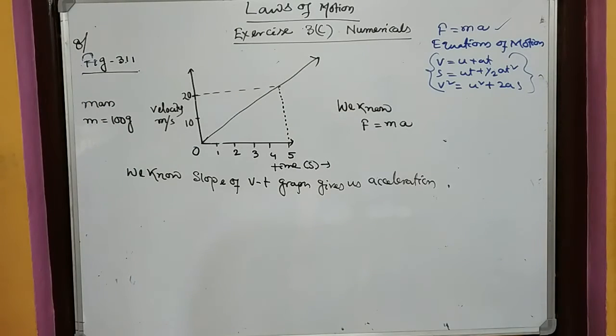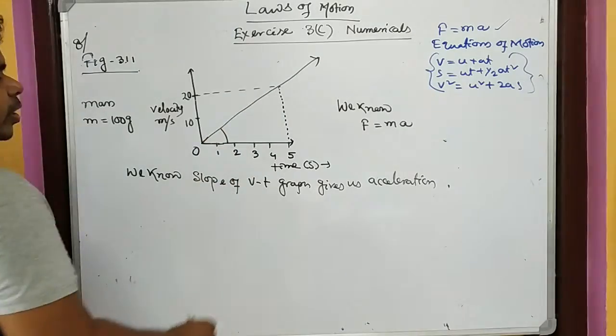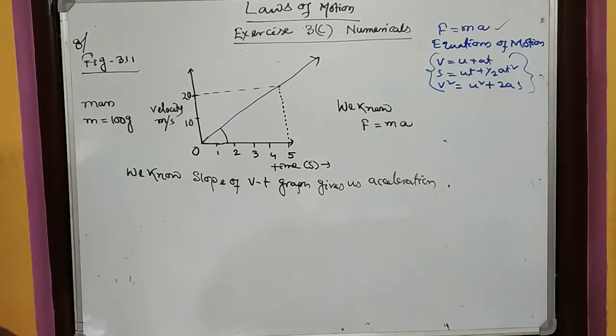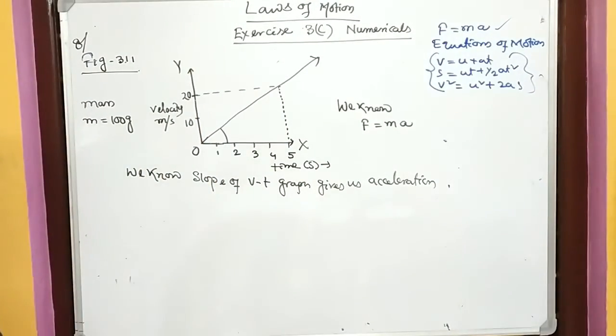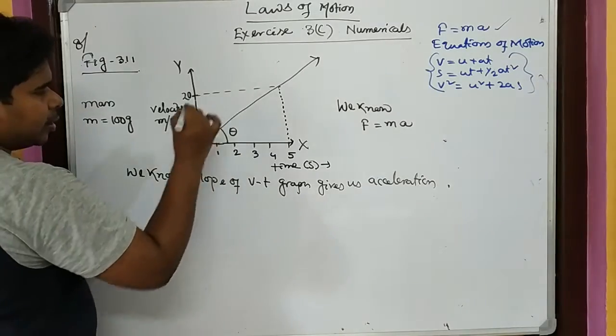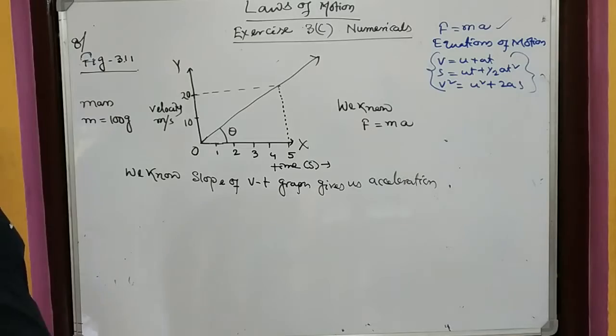How can we find the slope? First of all, what is a slope? Slope is the angle made by the graph with the time axis or x-axis. So this is the x-axis, it is the y-axis. The slope is an angle which is made with the x-axis. Now the question has come, how can we find the slope?